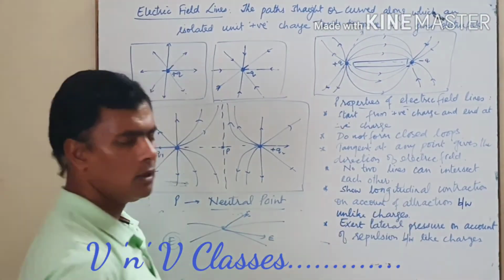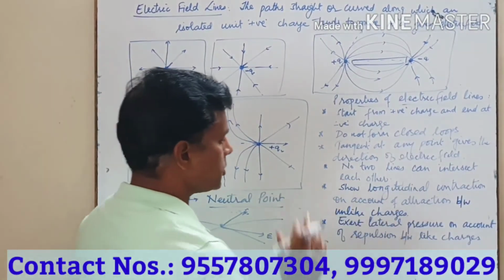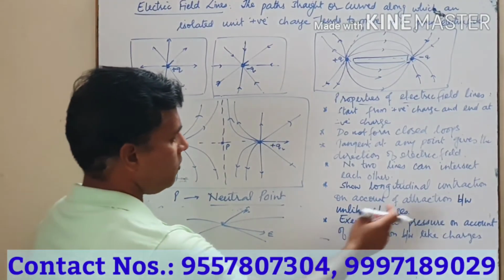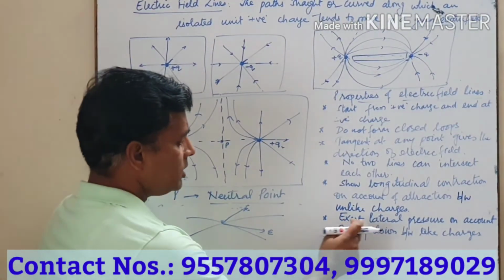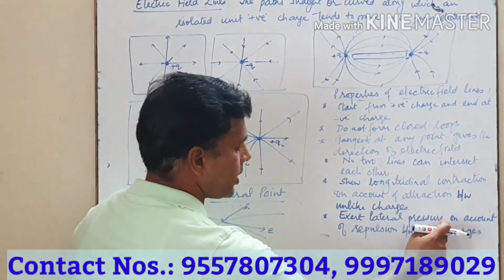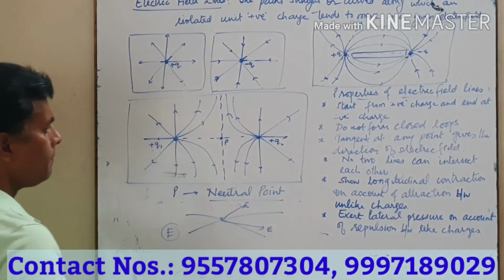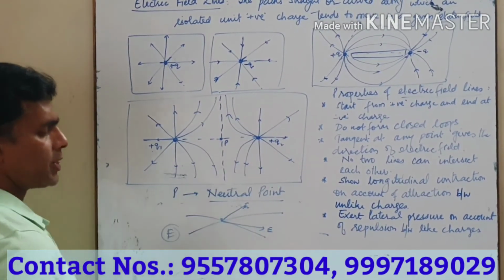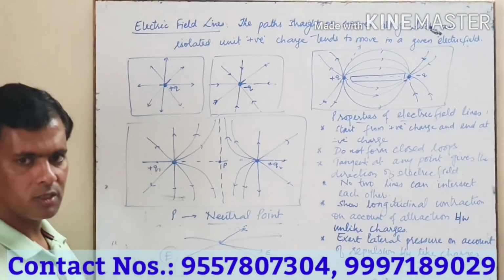So contraction along the length is called longitudinal contraction, because of attraction between unlike charges. And the last is that they exert lateral pressure because of repulsion between like charges. See here, they are exerting lateral pressure on account of repulsion between like charges.